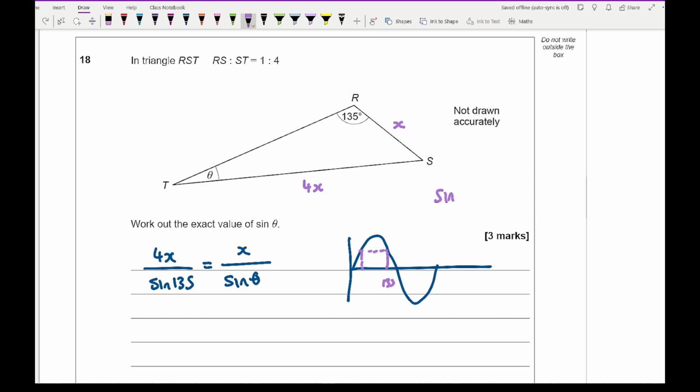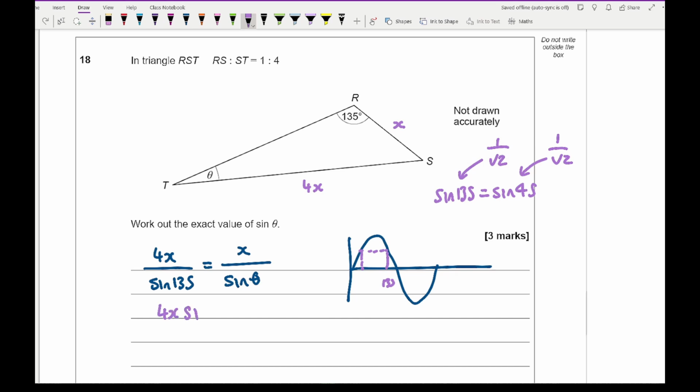So sine 135 is equal to sine 45. And if sine 45 is 1 over root 2, then so is sine 135. So what we've got here then is 4x.